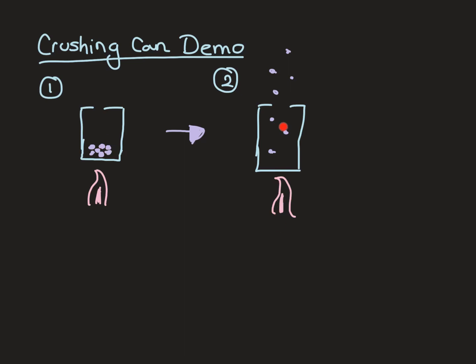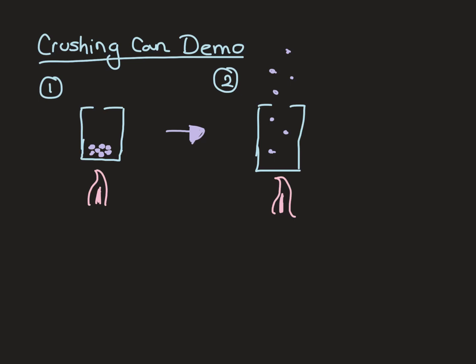It's turned the liquid into a gas, and just as we saw previously on the PhET demo, we've heated up these gas particles so they're moving more quickly and they are escaping from the can. The reason that they're doing that is because they've been having more frequent collisions with the inside of the can, so the pressure inside the can is bigger than the pressure outside the can, so they're going out.